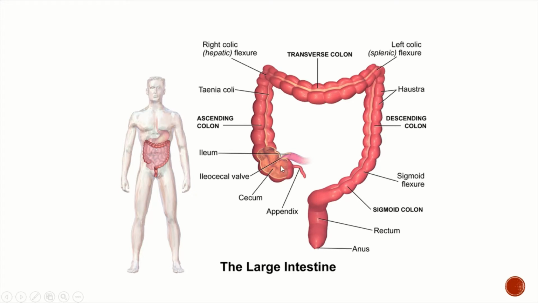Here it's this part under the ileocecal valve of the colon. Then we have the ascending colon, the transverse colon, the descending colon, sigmoid colon, rectum, and anus, and that's how we process food.